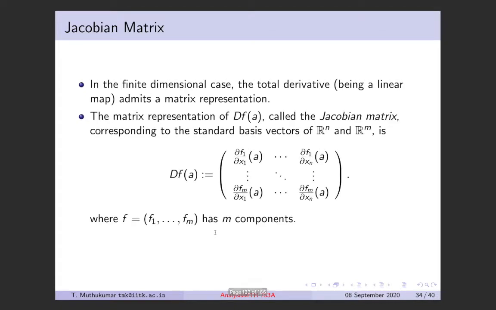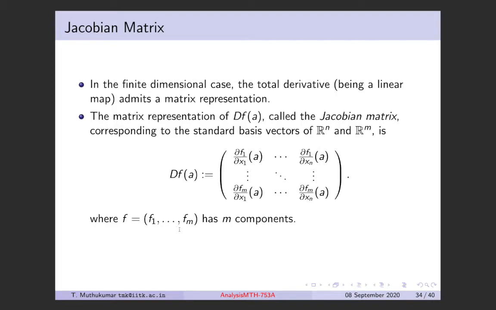So how do you obtain this matrix? If you look at any function f from Rn to Rm, then this f has exactly m components. Each fi here is a map from Rn to R, right? And because there is Rm here, you have m components for f.